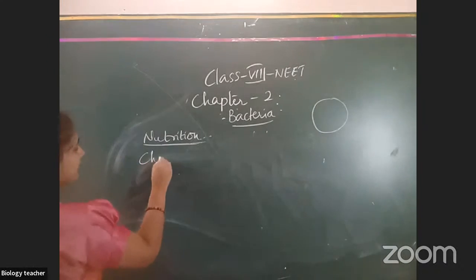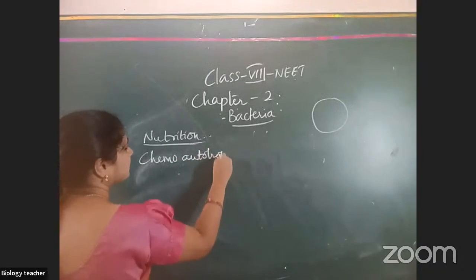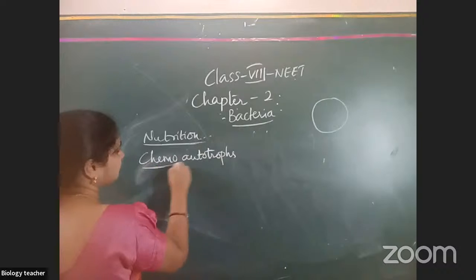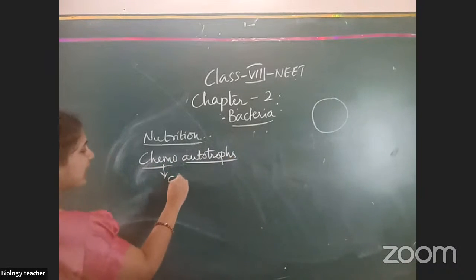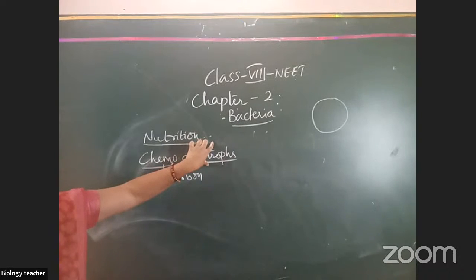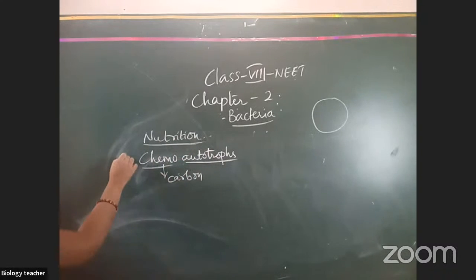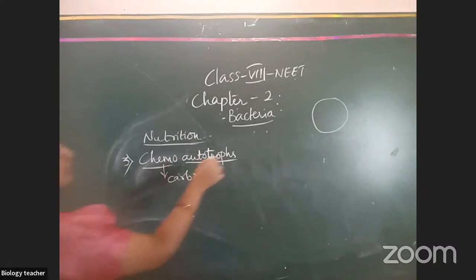Next one is chemoautotrophs. Autotrophs means they prepare food material. They undergo photosynthesis by taking carbon. They use carbon during photosynthesis. What are the examples?